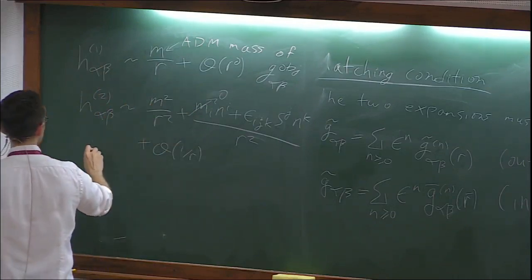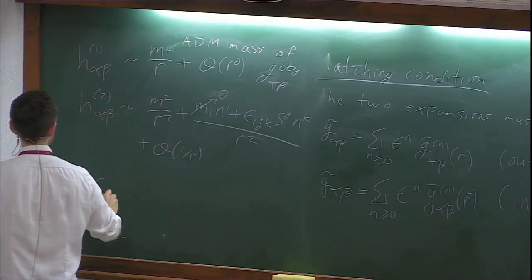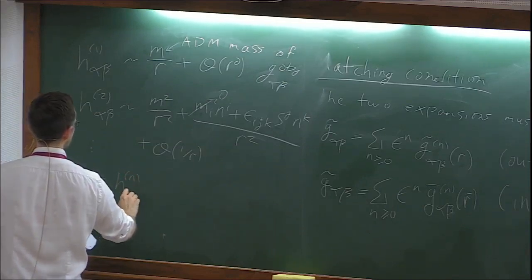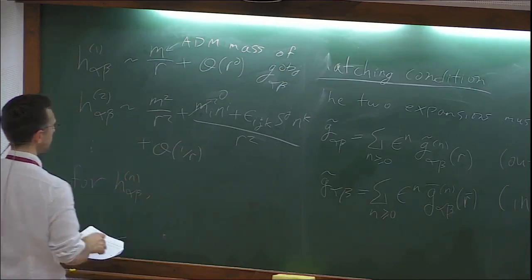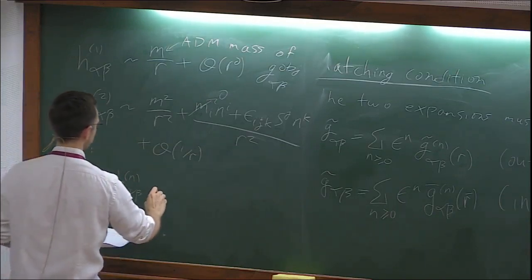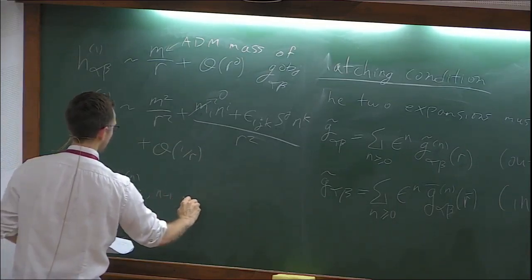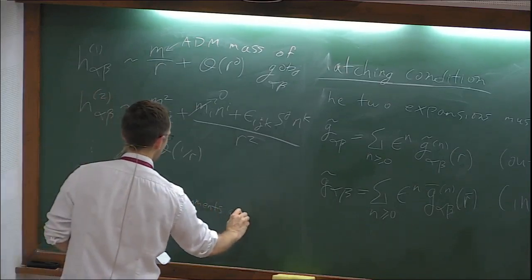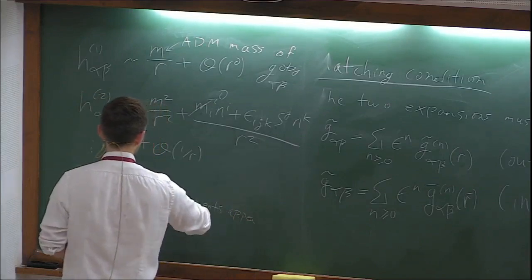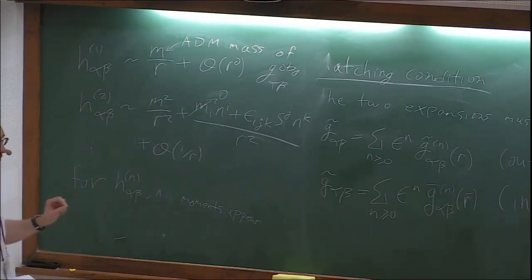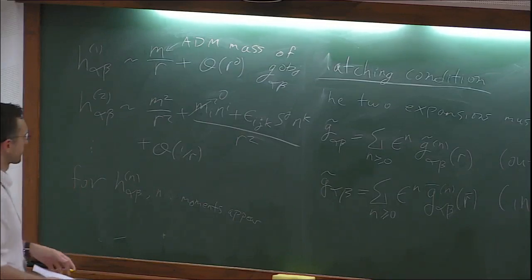In general, for h_n, we have n moments appearing, from L equals 0 up to L equals n minus 1.